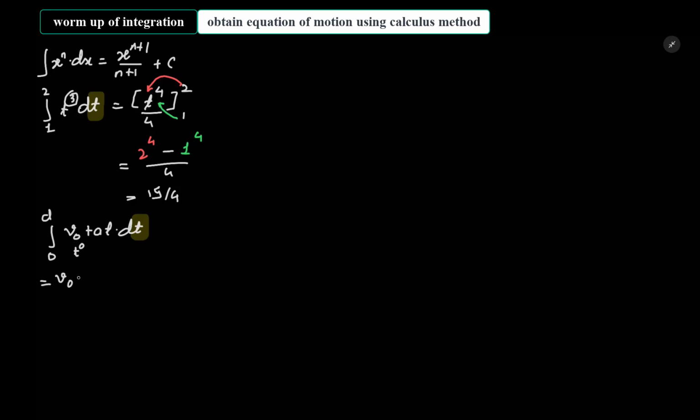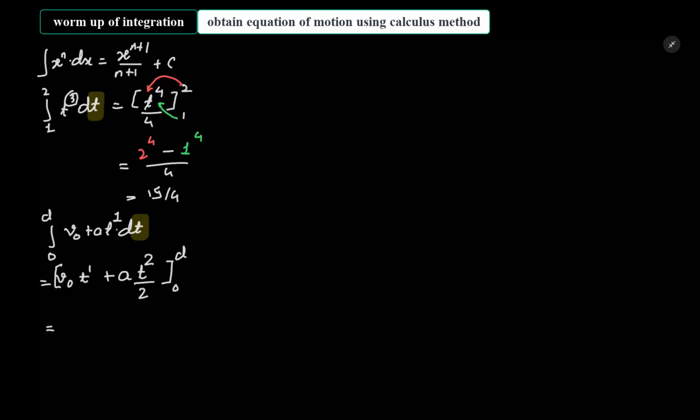So if we increase the power, we will get t raised to 1. Right? Now in second term, we don't have to worry about a. We have t raised to 1. So if we increase the power, it will be t raised to 2 by 2. Limit is from 0 to d.